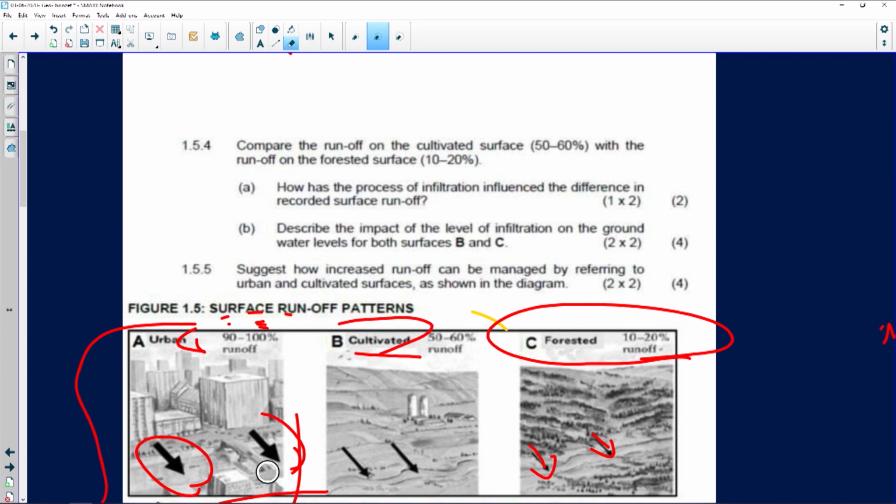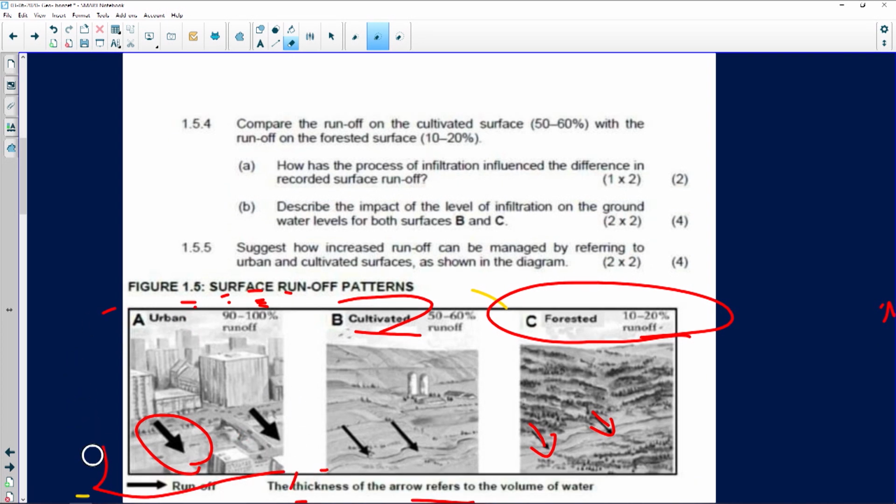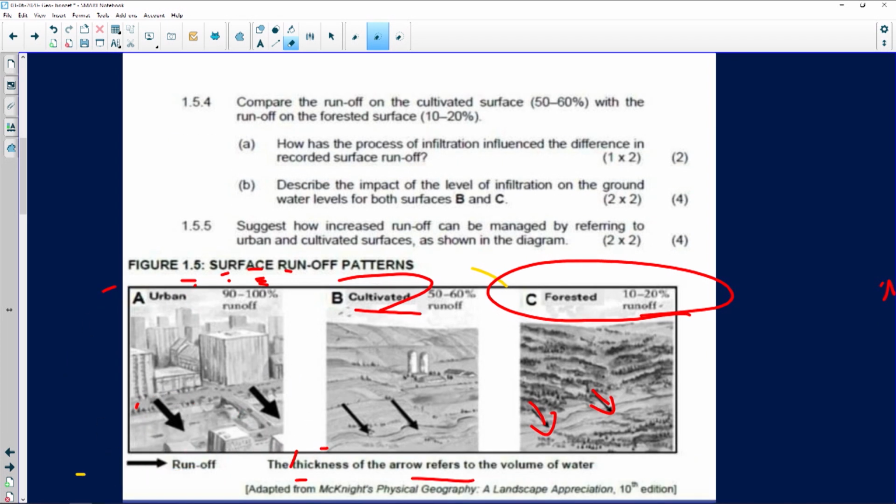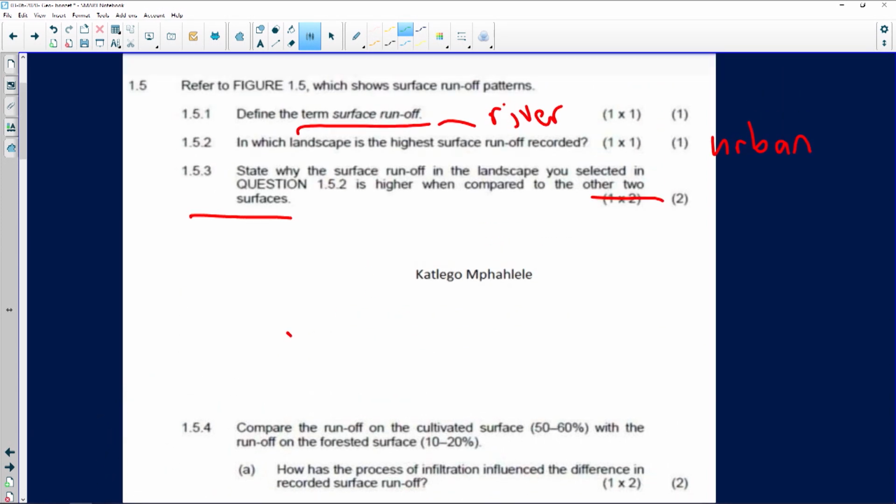First of all, the artificial surfaces that we find in the urban area are impermeable surfaces, so water can't infiltrate. And the second reason we can say is there's less vegetation cover, less vegetation such as grass or plants.